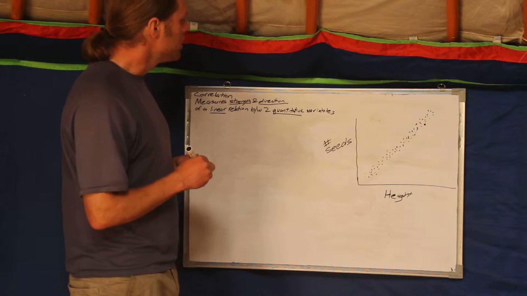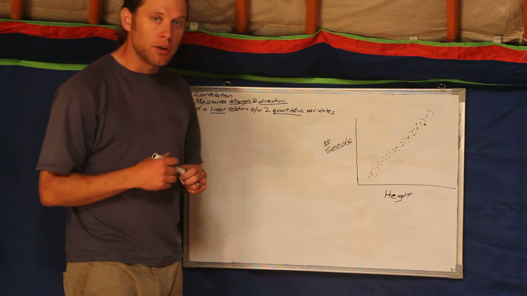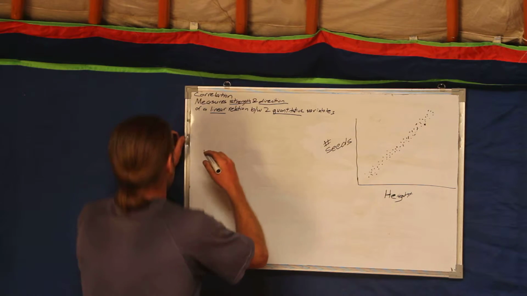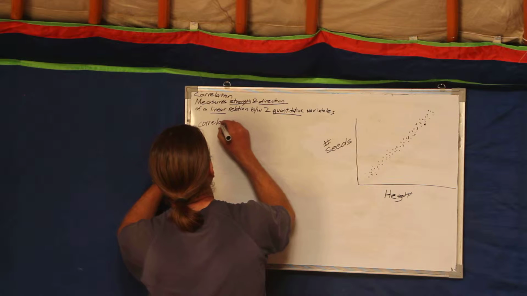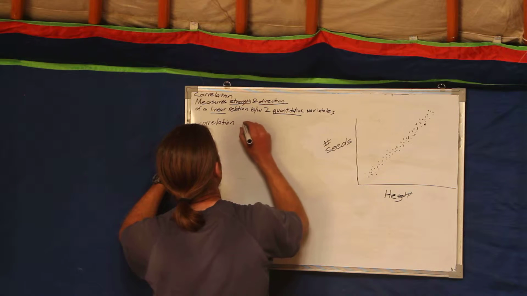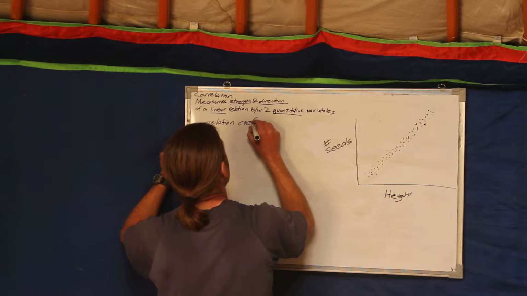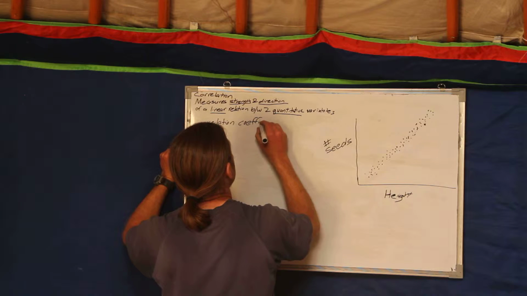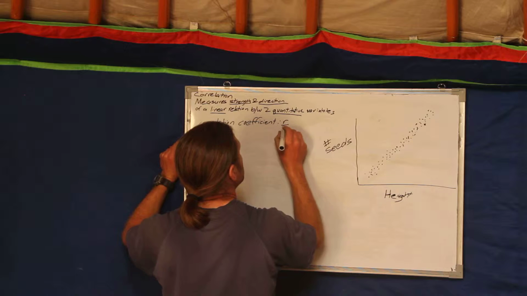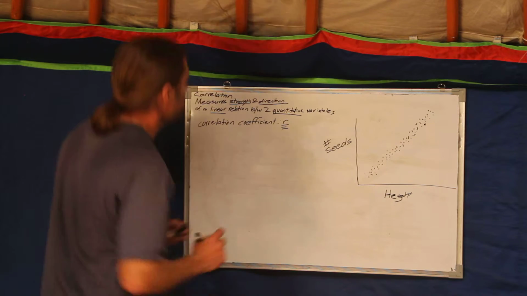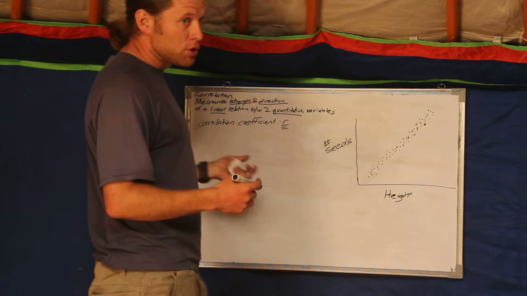So what does that mean? Essentially, there's a correlation coefficient. It's called R, the letter R. And R is really just a number.